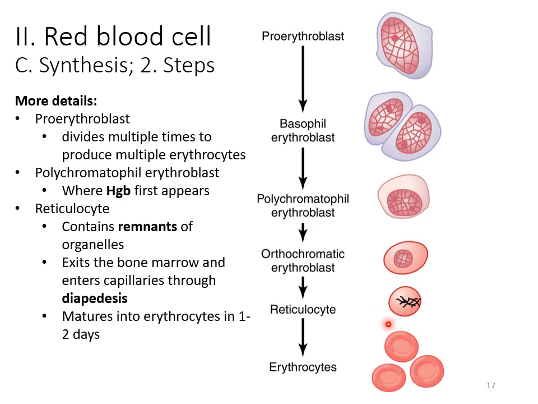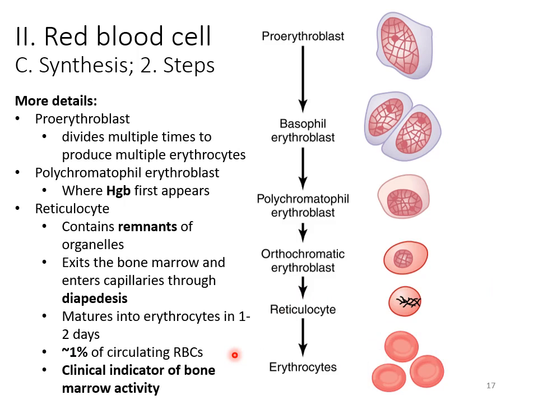Then while in the circulation, your reticulocyte will mature into the fully mature erythrocyte in around 1 to 2 days. It only comprises around 1% of circulating red blood cells. If the number is higher or lower than 1%, that is a good clinical indicator of bone marrow activity.